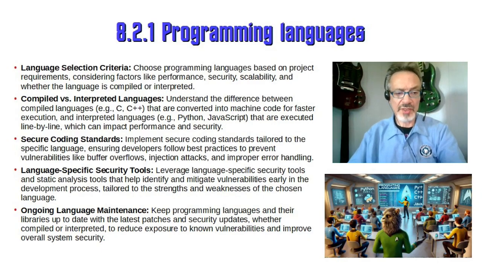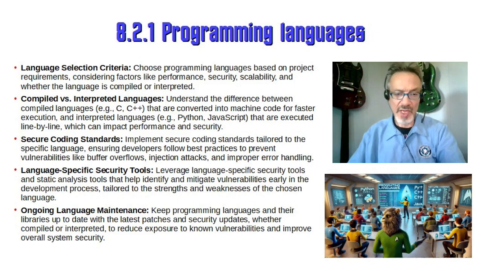Secure coding standards. Once you've chosen a language, it's essential to implement secure coding standards. These are sets of best practices that help prevent vulnerabilities like injection attacks, buffer overflows, and other problems. For the exam, you'll need to know how these standards vary based on the language. Language-specific security tools.